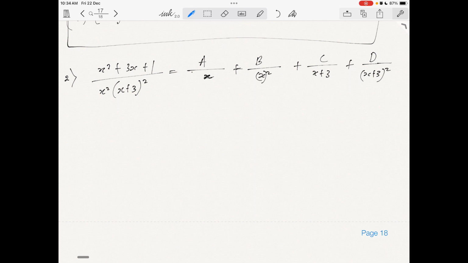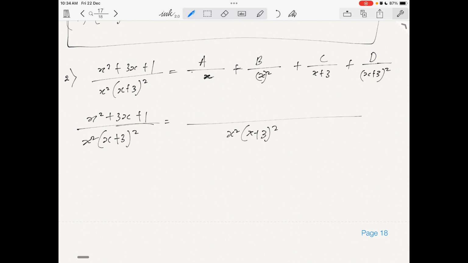Okay, let's take the LCM of the right hand side. So we have x squared plus 3x plus 1 divided by x squared into x plus 3 squared, because the LCM will be x squared into x plus 3 squared.